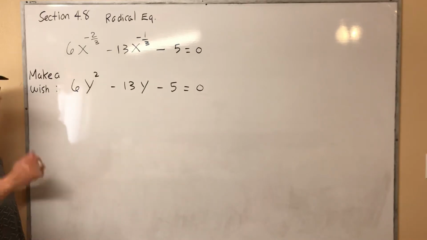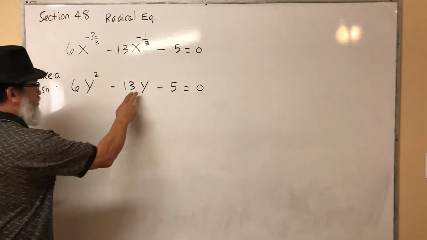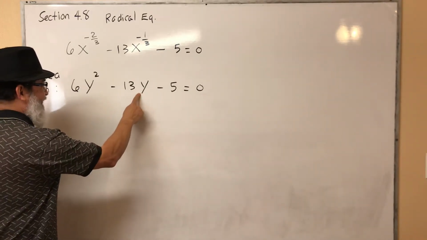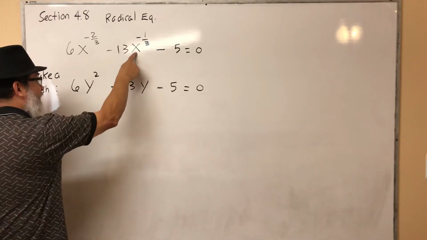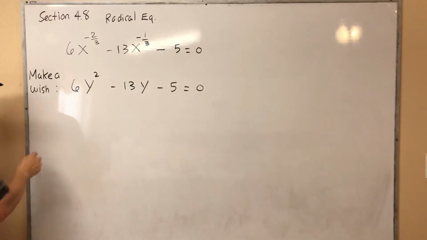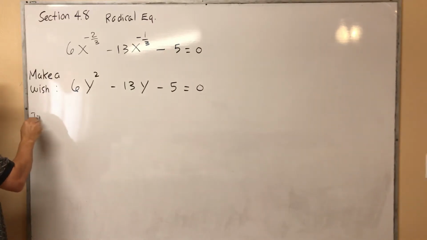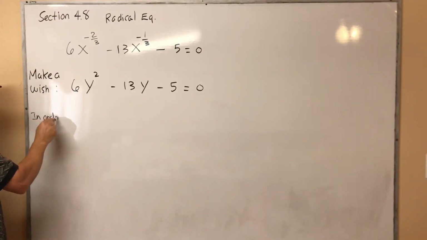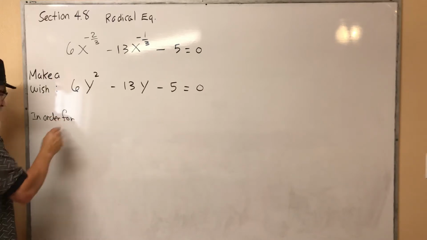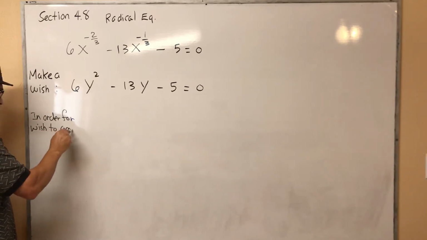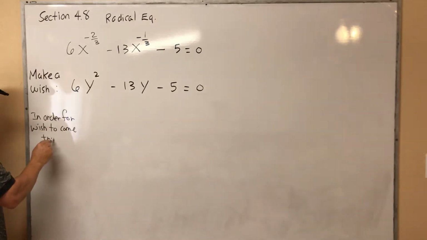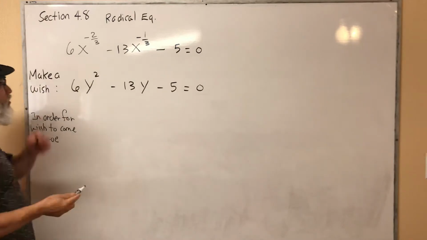In order for your wish to come true, go to the middle term and make this variable y equal to that. In order for the wish to come true, what do you do?